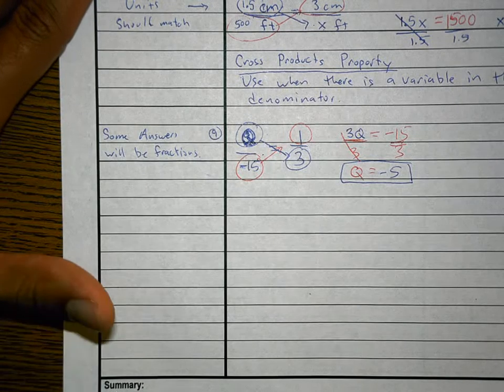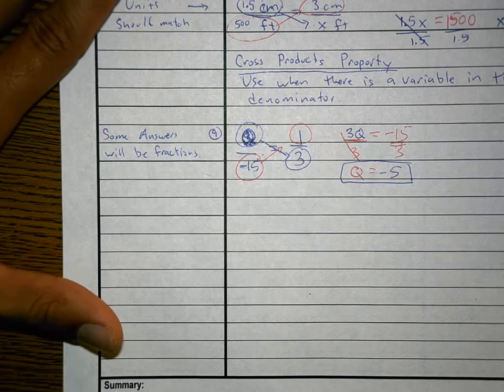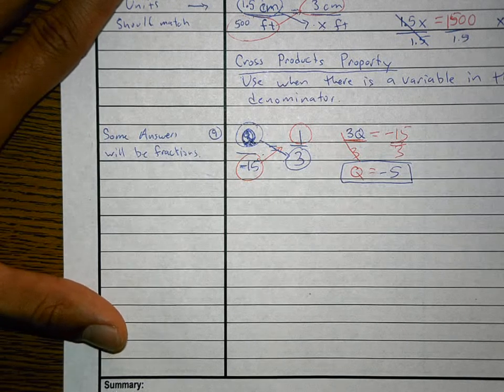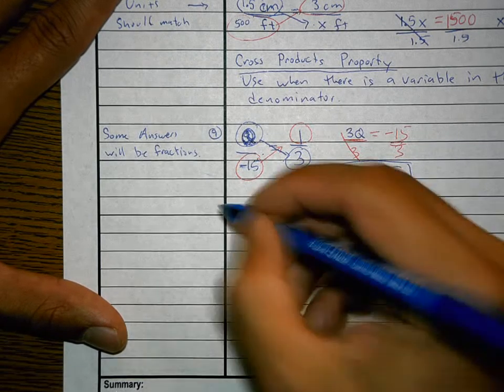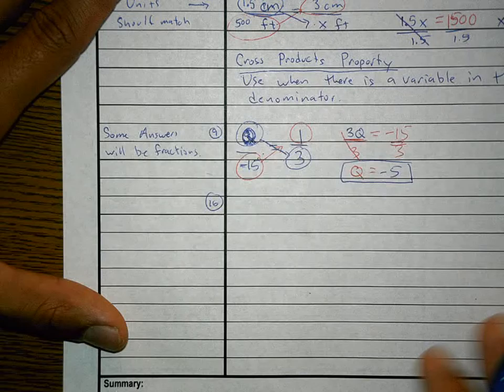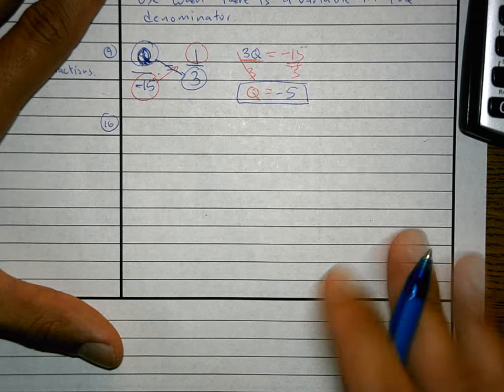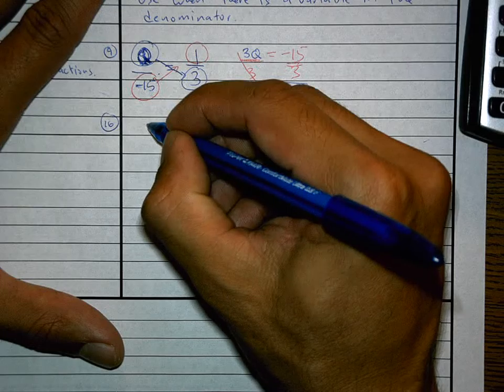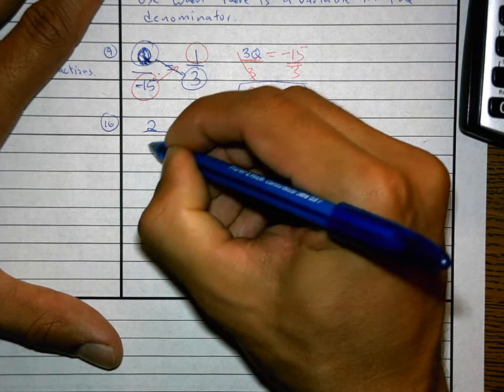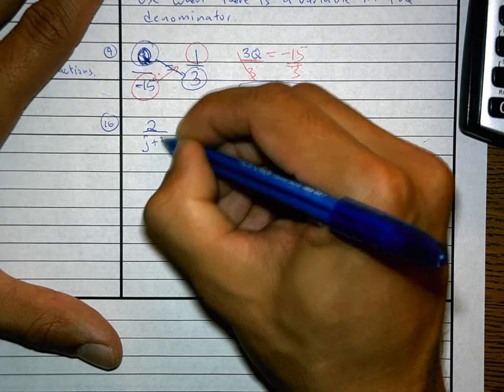Don't freak out if you get an answer as a fraction. Let me give you an example like number 16. Number 16 says 2 over j plus 3.